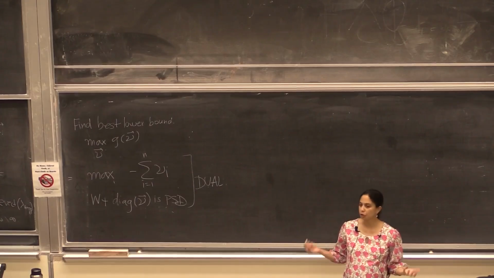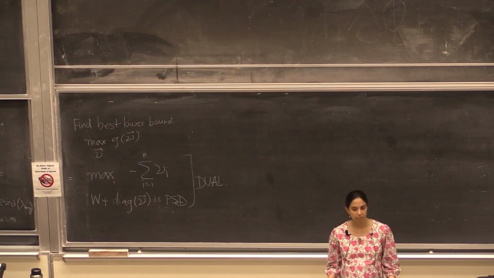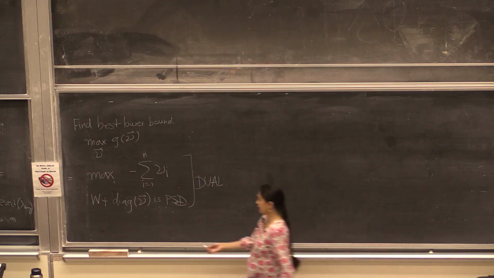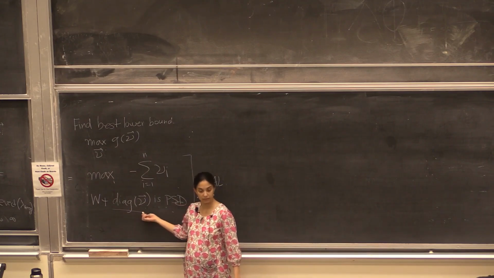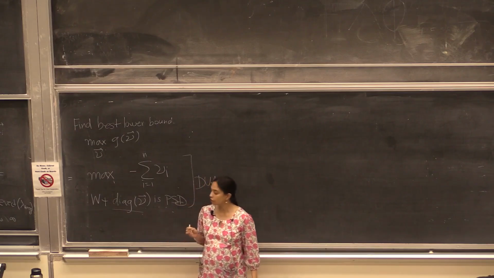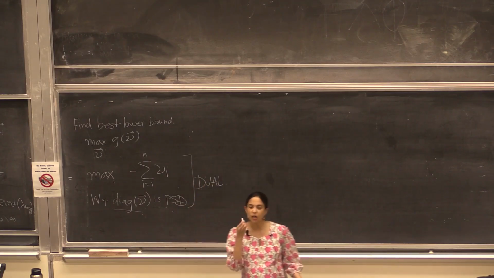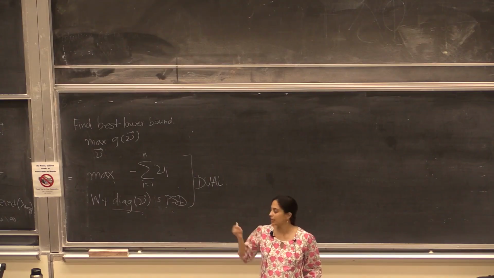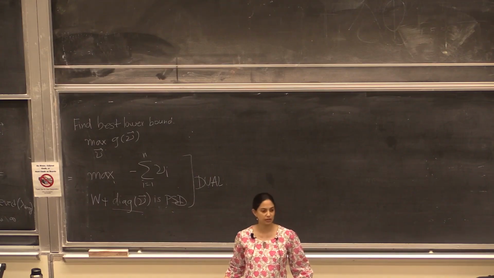Can I choose nu to be minus infinity? Probably not, right? What is constraining my choice of nu? This thing, right? So now, what is the smallest nu I can choose that still makes sure that this constraint is satisfied?